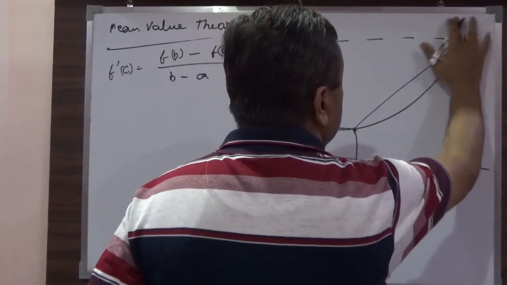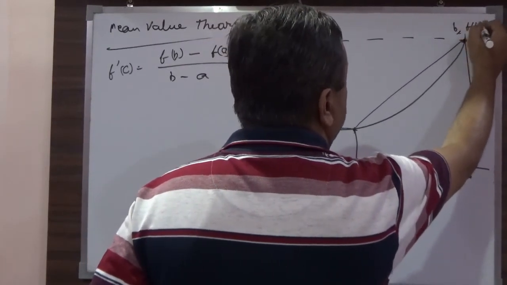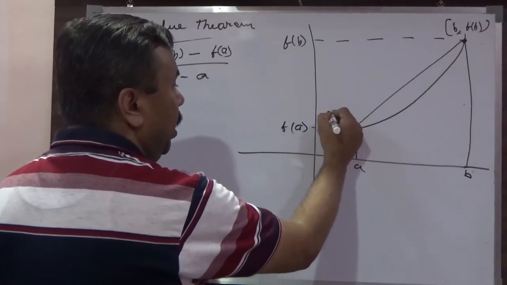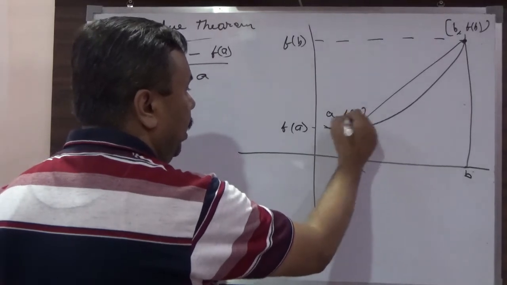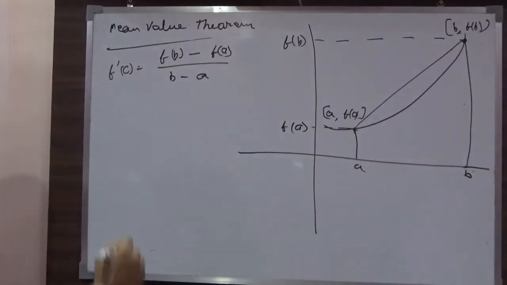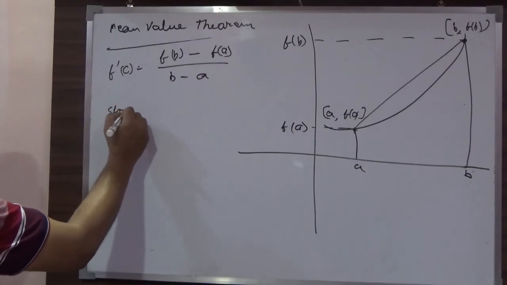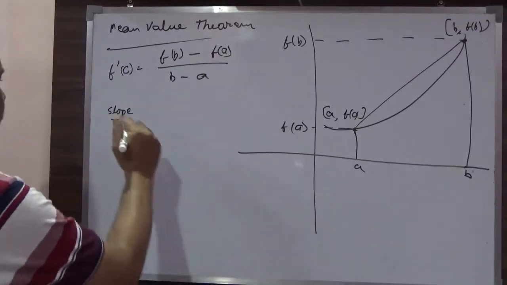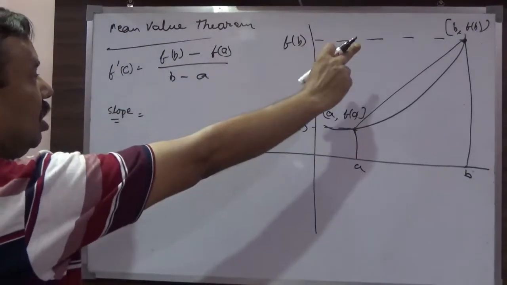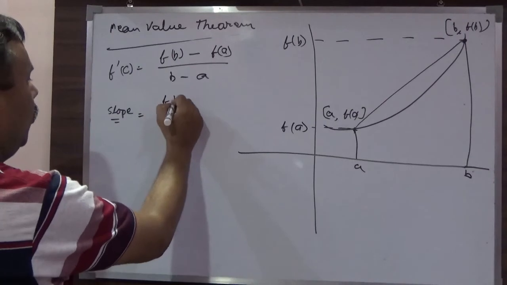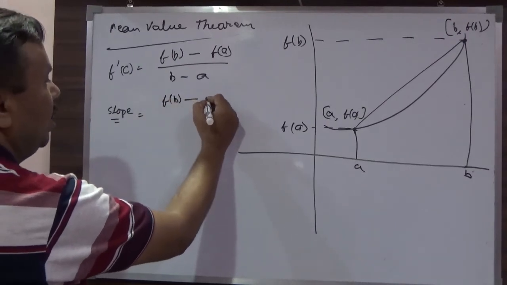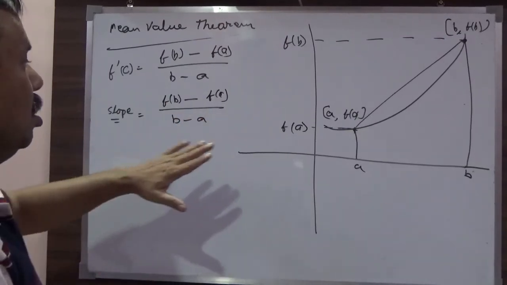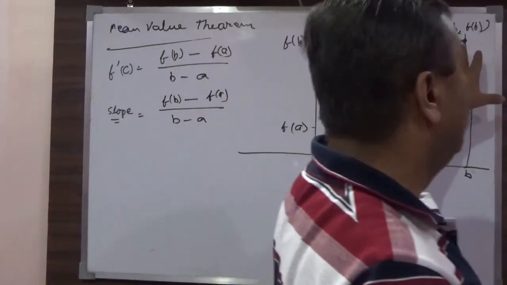B and f(b). And what will be the coordinates of this? This will be A and f(a). So, what should be the slope? The slope is the difference of y coordinates, that is (f(b) minus f(a)) divided by (b minus a). But that is the slope of these two points.